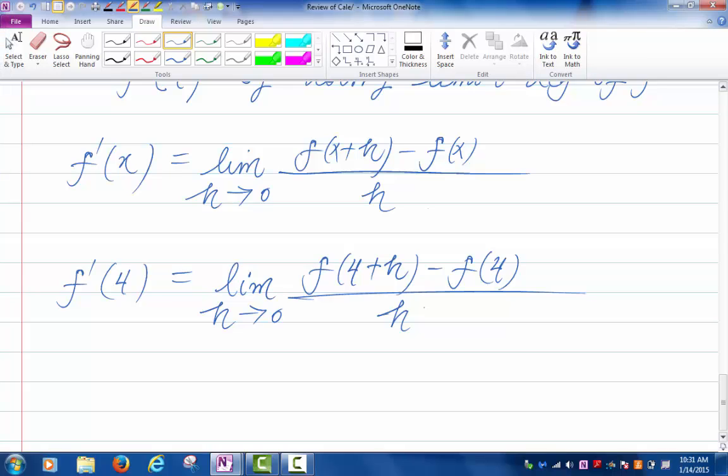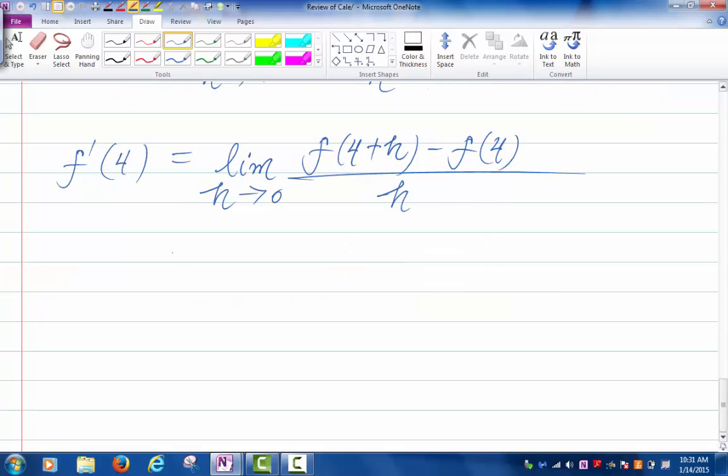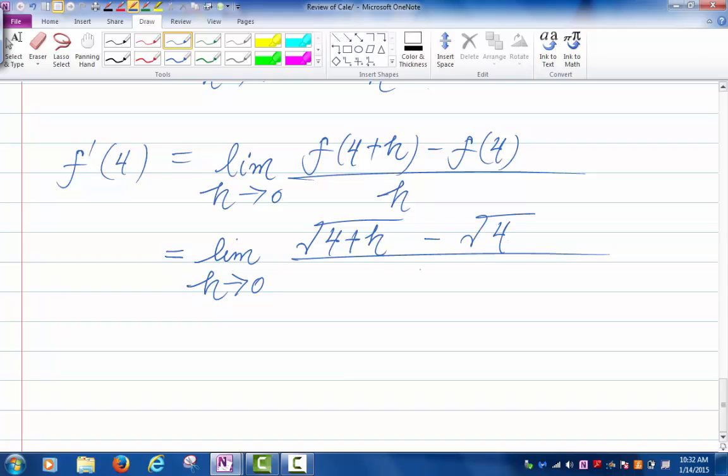What is f of 4 plus h? Remember, f of x is what? f of x is root of x, so I can then plug in, and I get the root of 4 plus h minus the root of 4, divided by h.